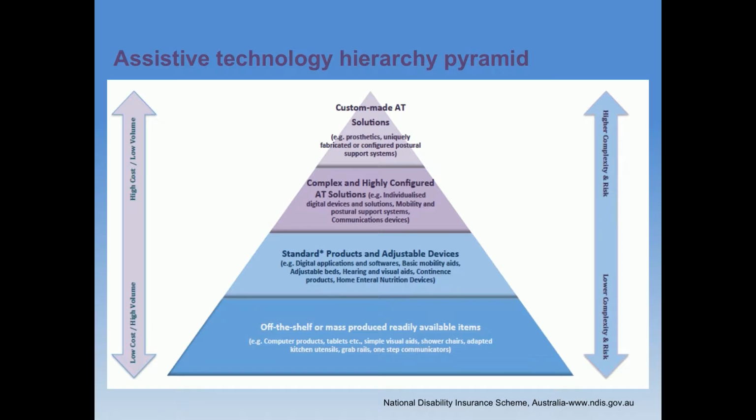And as you go up the hierarchy, you will see that the devices become more sophisticated, they become more expensive, and the service provision would require advanced clinical expertise. So that's really how it's divided up. So you may find very simple off-the-shelf devices you can buy from Rite Aid or a pharmacy, versus technology that you have to really have extensive assessments, evaluations, and customization and setup, which may go up, and it might require advanced clinical expertise.